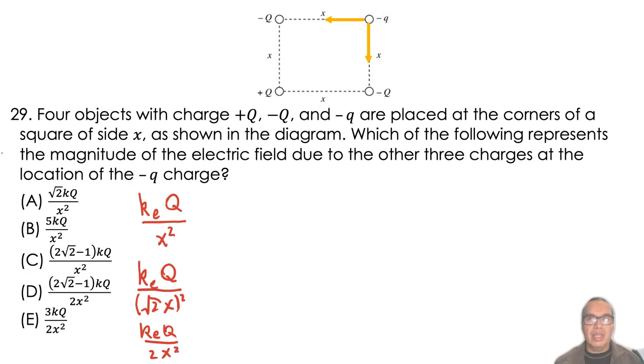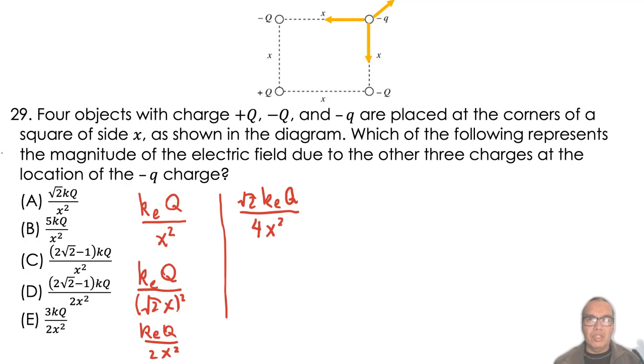Since this field is directed at an angle of 45 degrees above the horizontal, the components of this field vector are each of magnitude square root of 2 kQ over 4x squared.